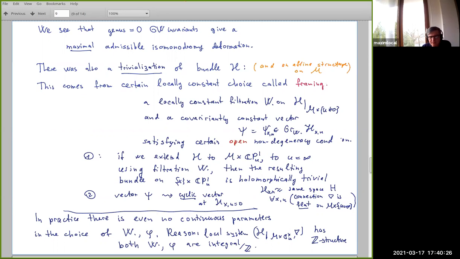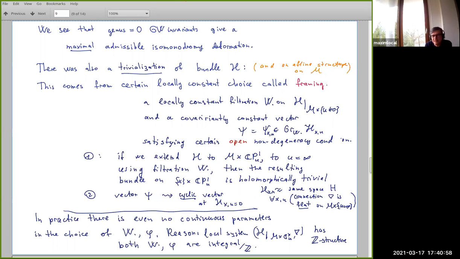So now my bundle is trivialized, maybe in some domain in M and on the whole product with CP1 in the u direction. Now my vector, I can also take an associated graded. The associated graded is what sits at infinity. It's the fiber at infinity. It's well known. And then the trivialization gives you a vector in the fiber at u equal to 0.